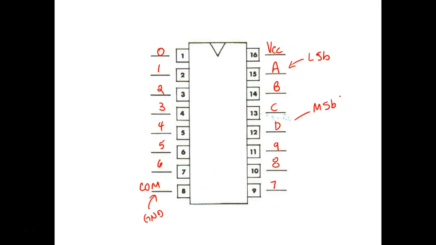Now we have 16 combinations, but remember this is a BCD to decimal decoder. So what's going to happen once we get above 9, which would be this on the A, B, C, D inputs? Once I go up to 10, the chip is not going to blow up, but all the outputs should go high. Now I've got this hooked up to the trainer.